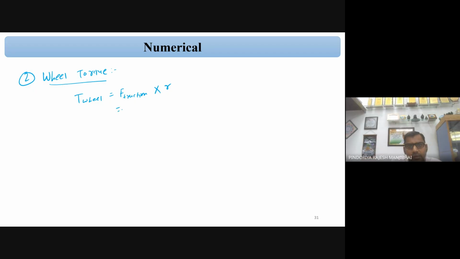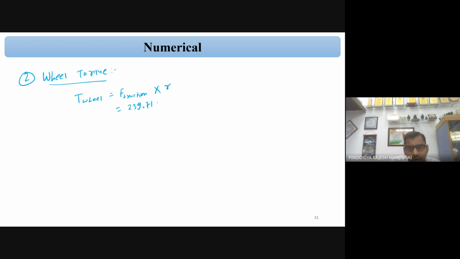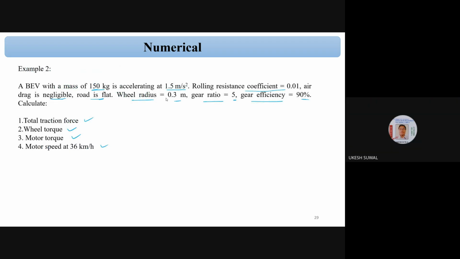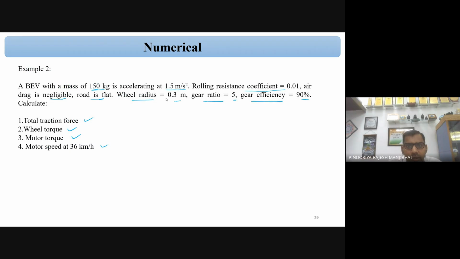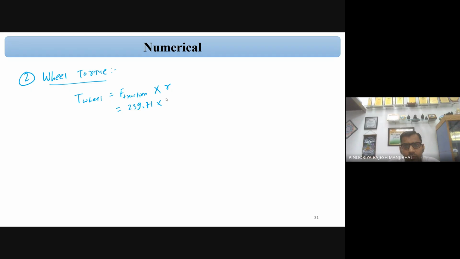The traction force we got is 239.71. And what about the radius? 0.3 meter, correct? So no need to convert into millimeter, meter is the standard unit.